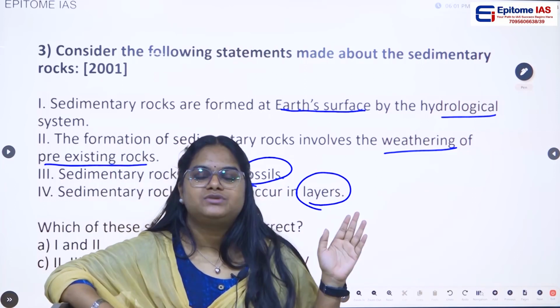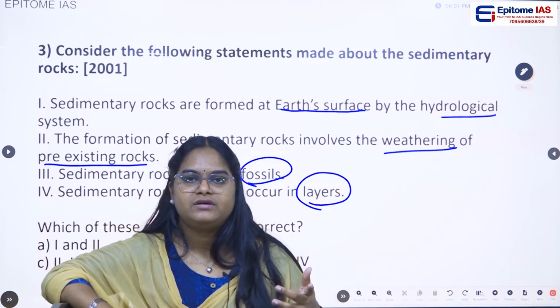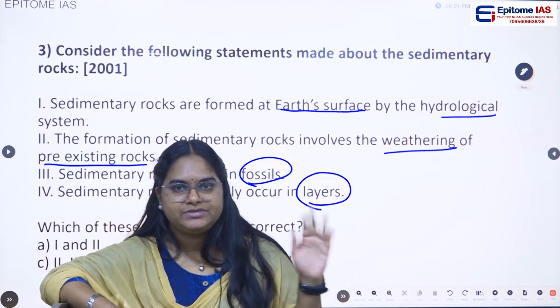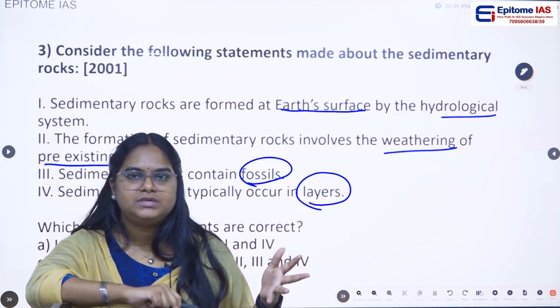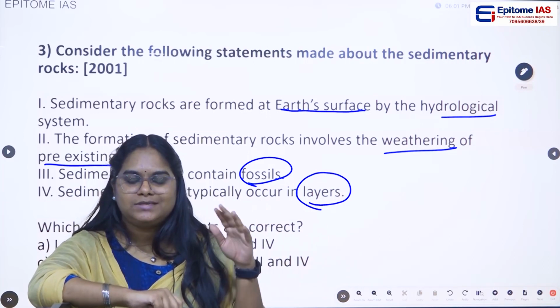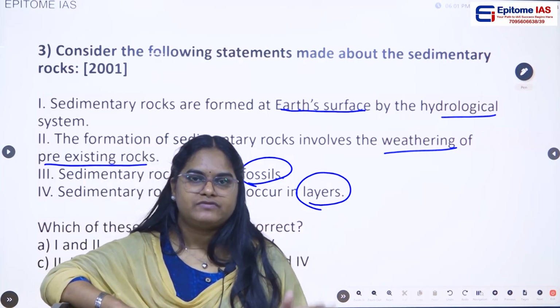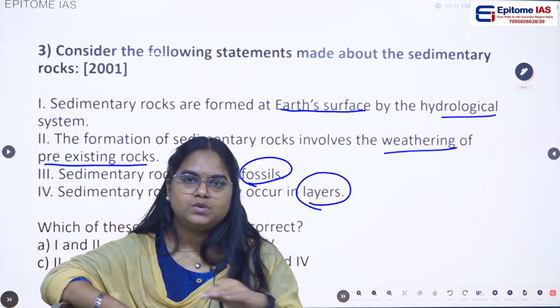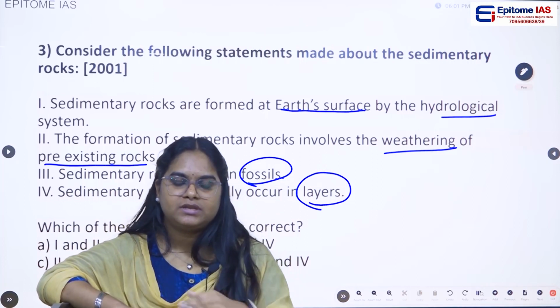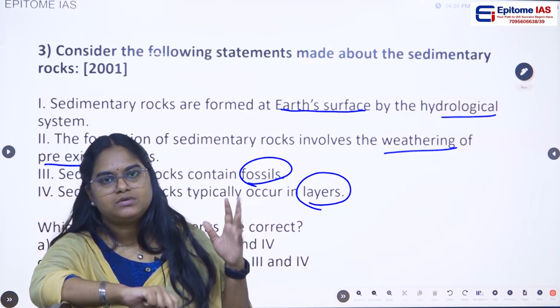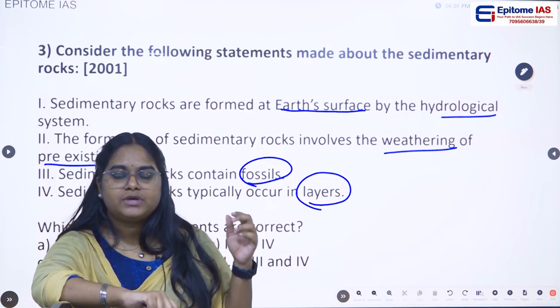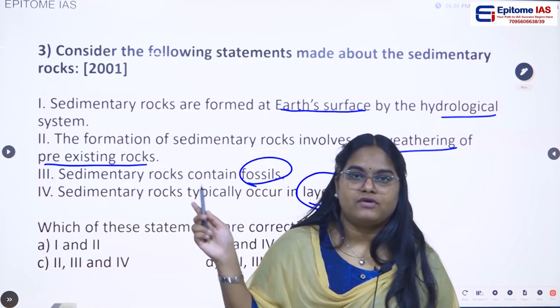But sedimentary rocks are formed on the surface of the Earth, because traveling agents like wind, water, glaciers, river streams and waves carry the sediments from one place to another, and slowly layers of these sediments are formed, and then the sedimentary rocks. So the statement that sedimentary rocks are formed on the Earth's surface is true.